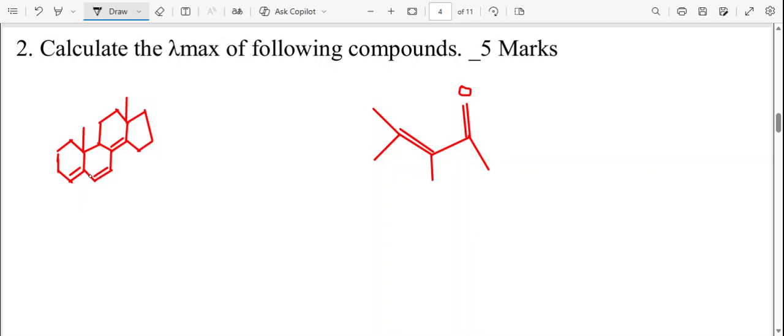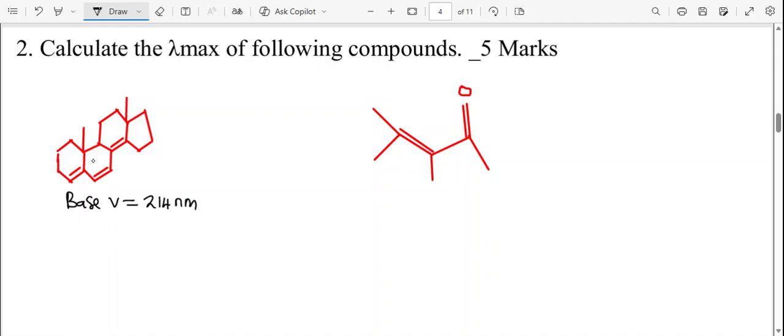Since all the bonds are inside, this is what we call heteroannular, and it gets 214. If it's homoannular, it gets 253. So the base value is equal to 214 nanometers.